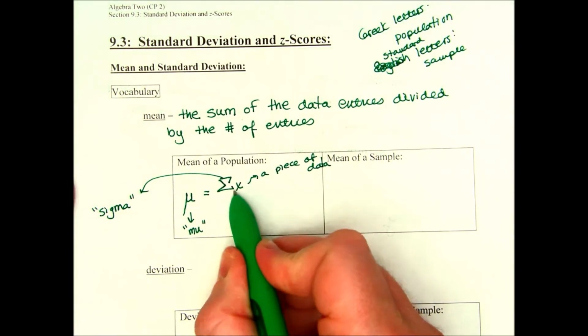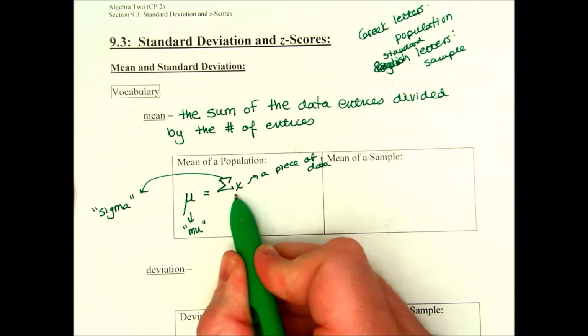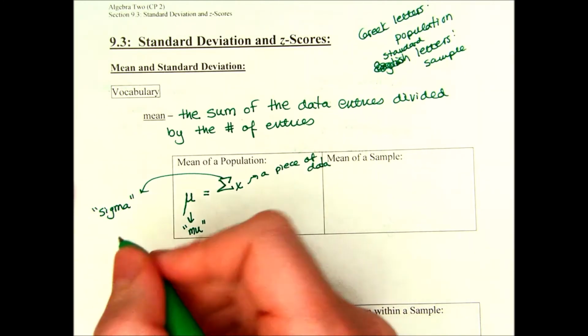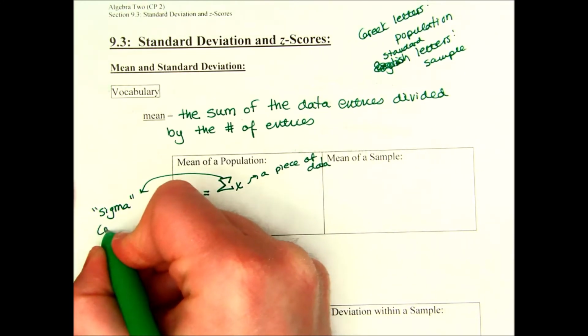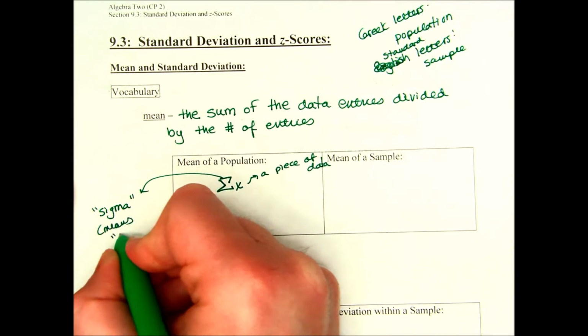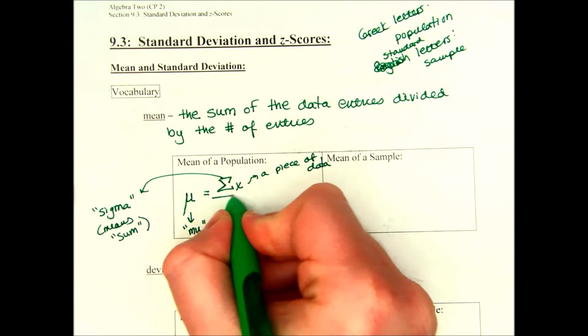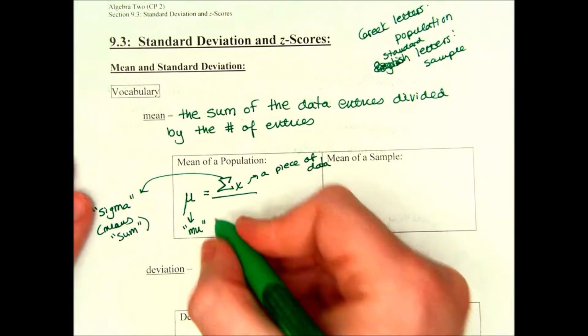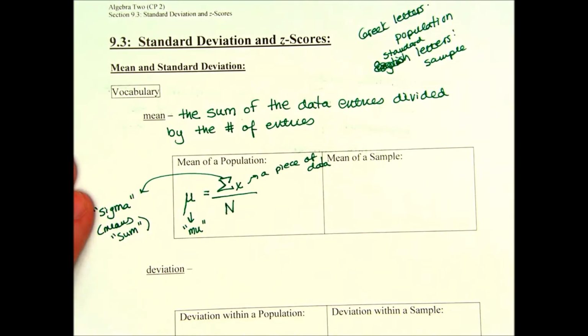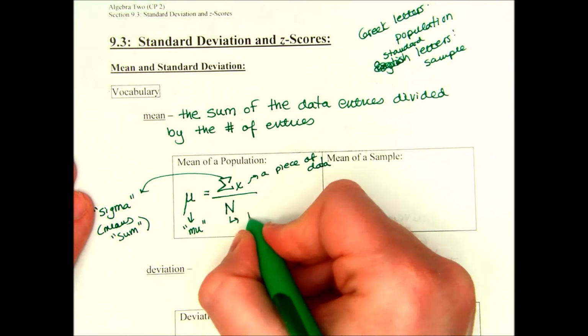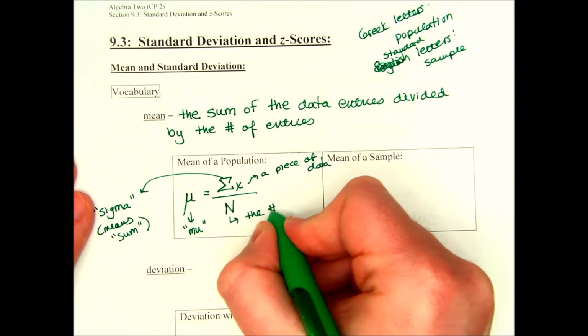If X is a single piece of data, this sigma means I'm going to add up all the pieces of data that I have. Sigma means sum. When I'm done, I'm going to divide that sum by capital N, which is going to stand for the number of data entries.